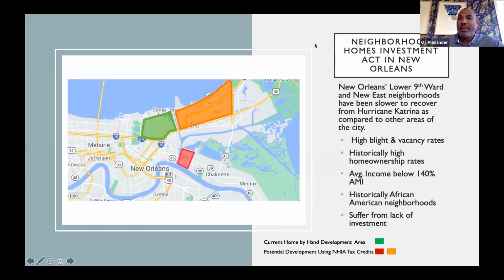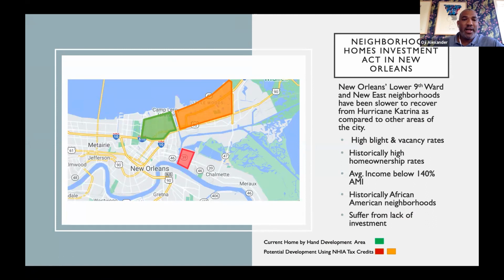There are a couple of neighborhoods that we haven't been able to develop housing in, strictly because of that value gap, where we think NIA could really be impactful. These neighborhoods check off a lot of the boxes that NIA is trying to address. This map gives you a little context.